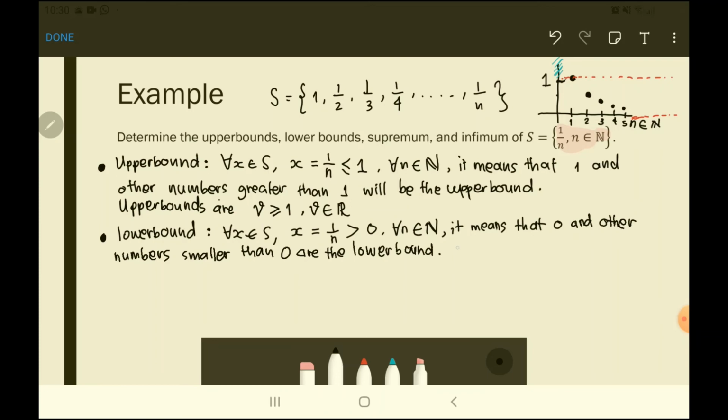So I can write the lower bounds, let's say, as t, such that t is less than or equal to 0, where t is an element of the real numbers.